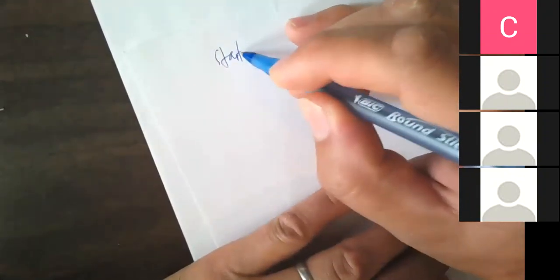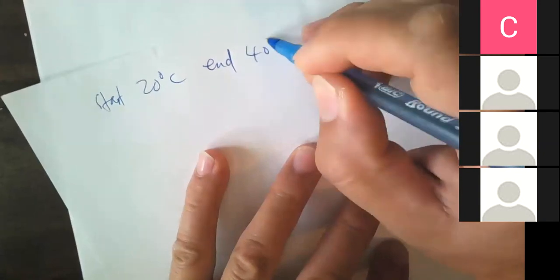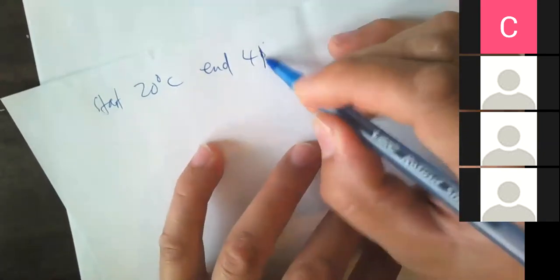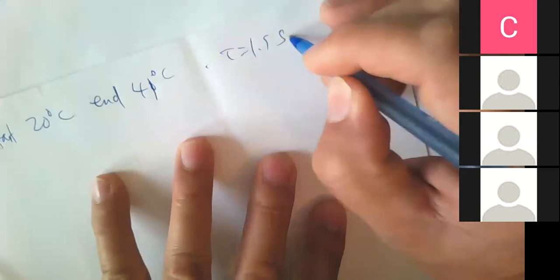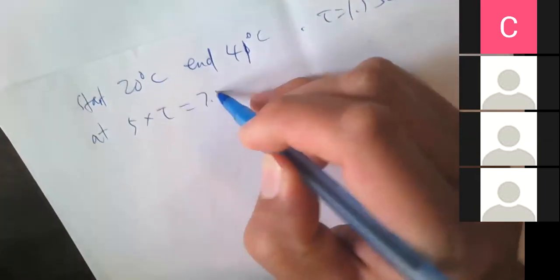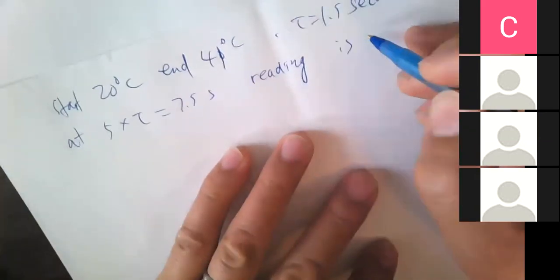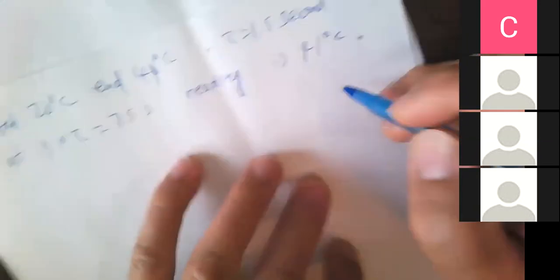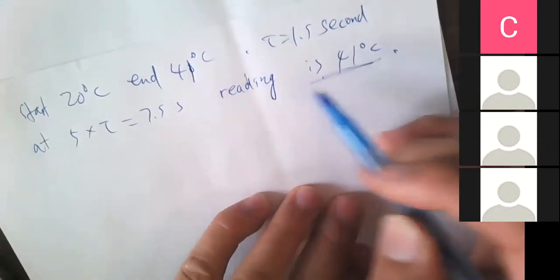Start at 20 degrees and go to 41 degrees. Tau equals 1.5 seconds. At 5 multiplied by tau, that is 7.5 seconds, the sensor reading is 41 degrees, right? Because at 5 tau, the reading will be complete.